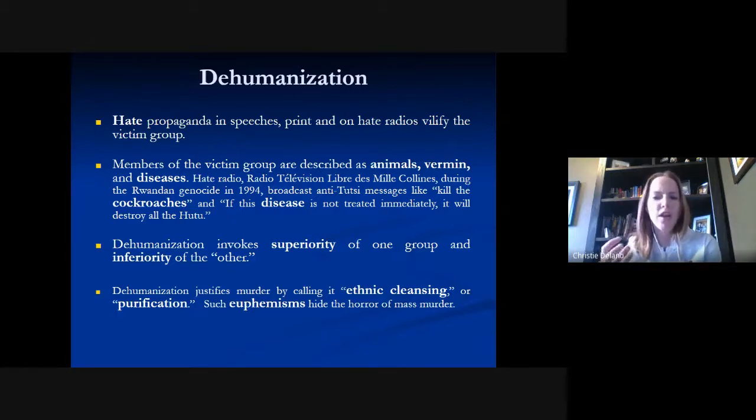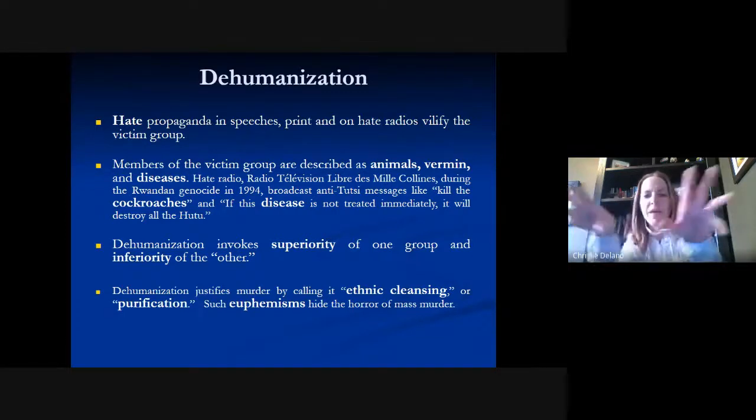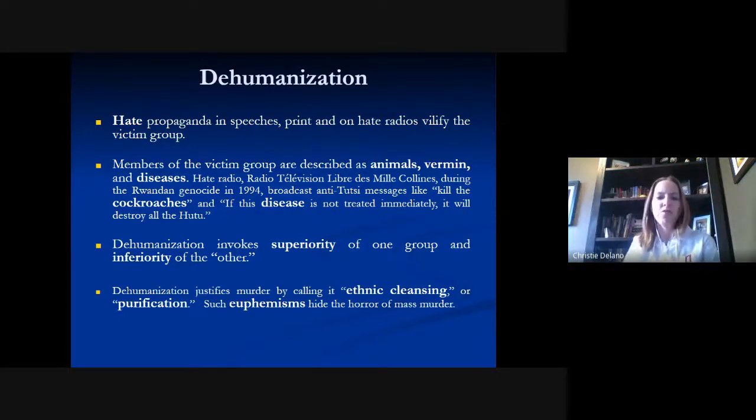A disease is something that you need to treat right now, or it's just going to become infested in your community. And so Hitler treats the Jews as if they were a disease, like rats, like vermin. Right, invoking this idea of superiority of the Aryans over the Jews.